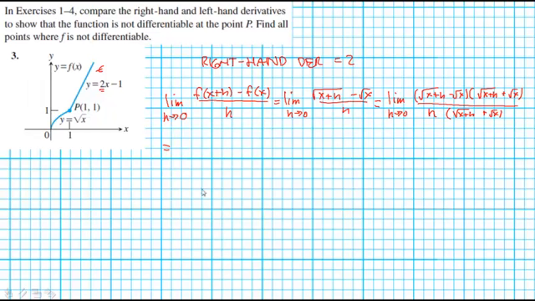Continuing on, we end up getting the limit as h approaches 0 of x plus h minus x all over h times the quantity square root of x plus h plus the square root of x.